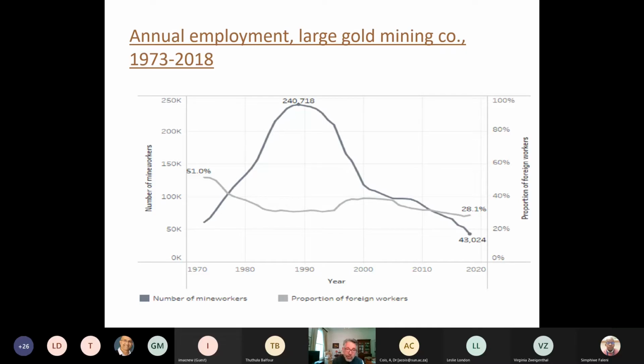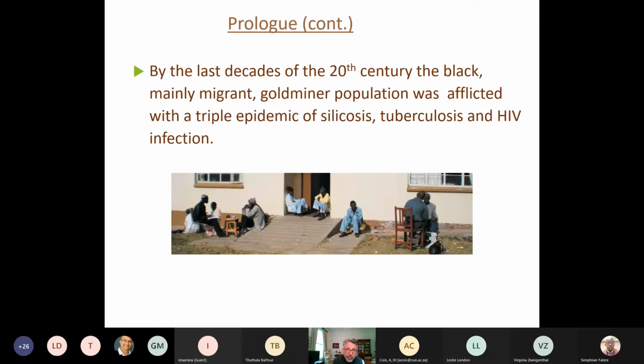So the purpose of the prologue was really to bring us up to date and give us a sense, because it's what gives me the confidence that these are important questions in public health in South Africa and indeed globally. Okay. So the first research I want to present is a systematic review of the relationship between silica dust exposure, which is the main hazardous dust in gold mining, silicosis, the disease due to silica, and tuberculosis.